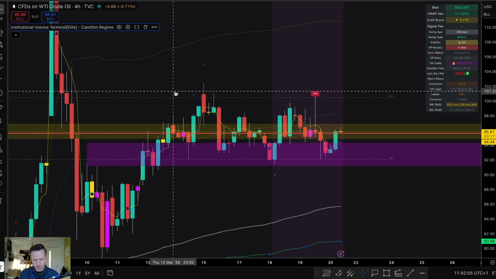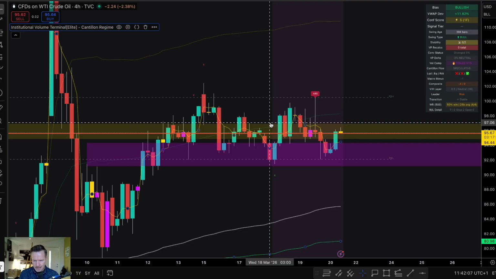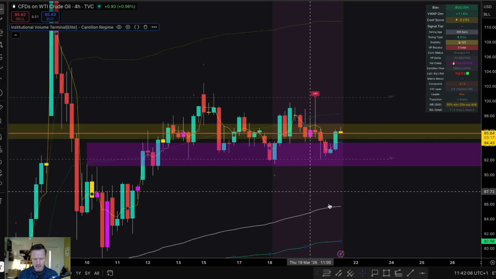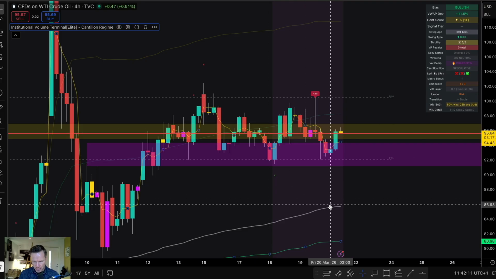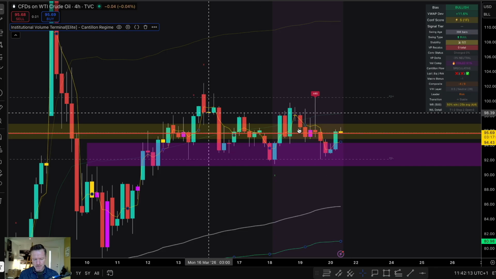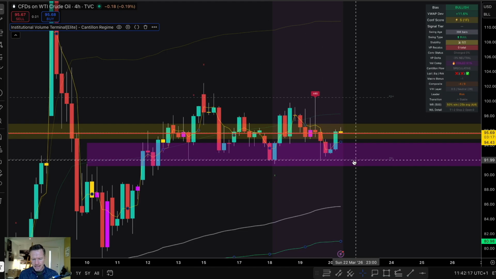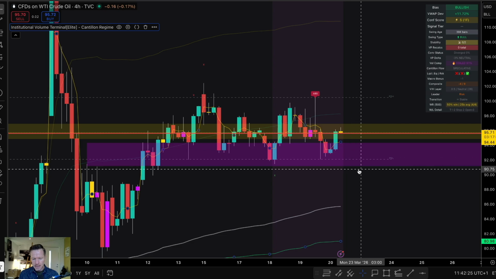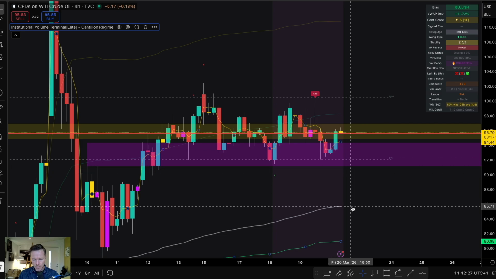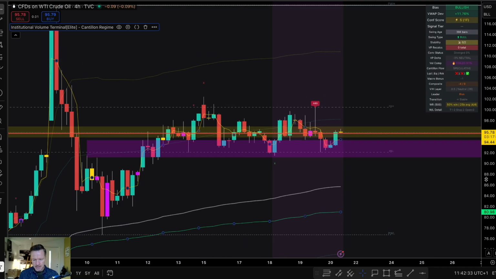Number 1 is oil. Oil is currently almost 12% above the AVWAP. It is coiled at 90%. You see here we have a compression area and we have the previous day low at 91. We want to see that hold if we are long oil. If it breaks below, the next test will probably be at the 85, 86 area, which is the AVWAP on the 4 hour.